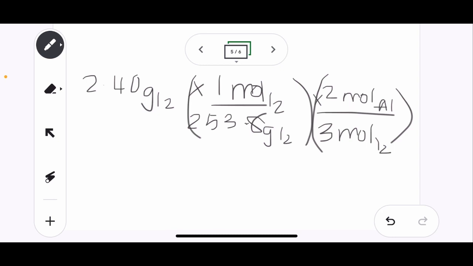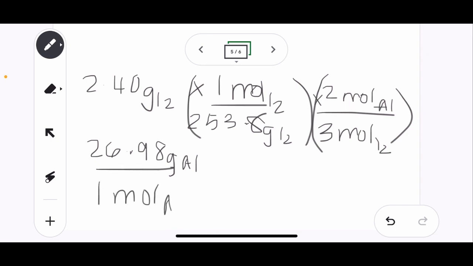Again, we are using the same coefficients that we used to balance the equation. And we want to end up in mass, so we're going to use the molar mass of aluminum, of the excess reactant. So that will be 26.98 grams of aluminum. And over that will be 1 mole of aluminum, because we do not want our answer in moles.